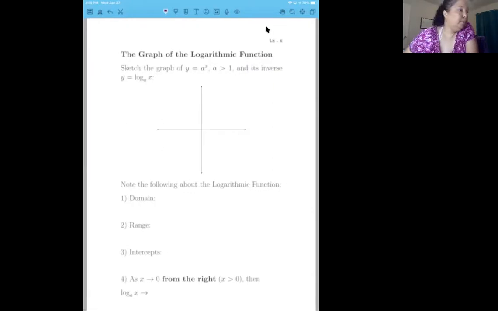All right, so we know that a to the x looks like this, right? And we know that inverses are a reflection across the line y equals x. And I know that a to the x always has the point 0, 1. So the inverse function should have the point 1, 0.